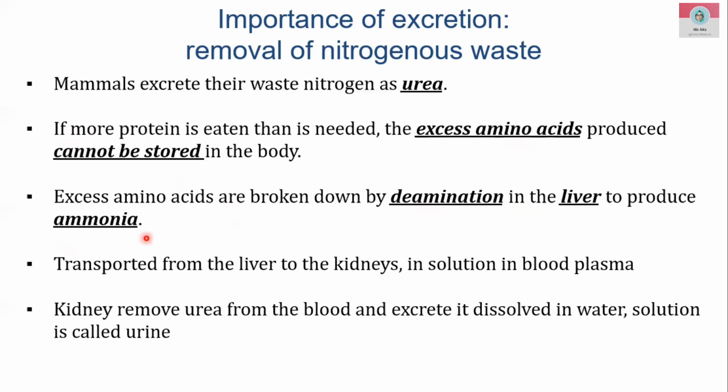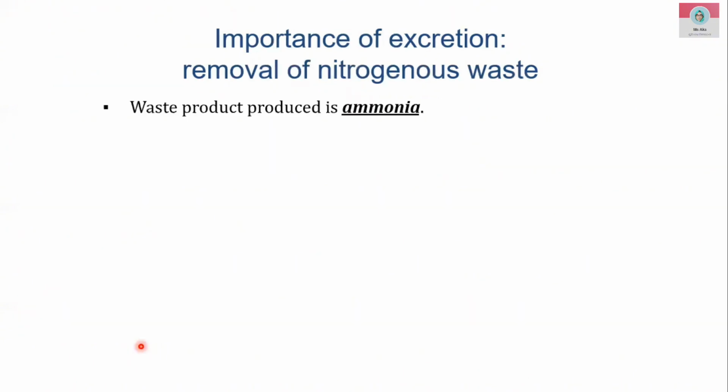And then urea will be transported to the kidneys through our blood plasma. Our kidney will remove the urea from our blood. It will be excreted dissolved in water as part of our urine. So what is deamination? We are going to look at that soon.